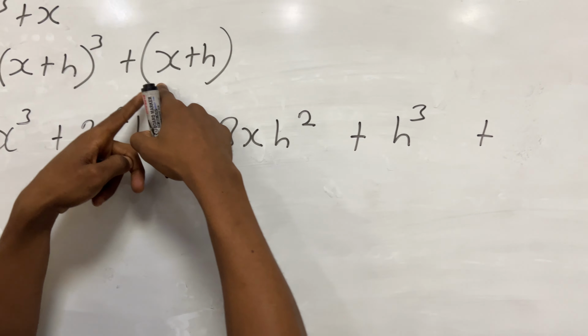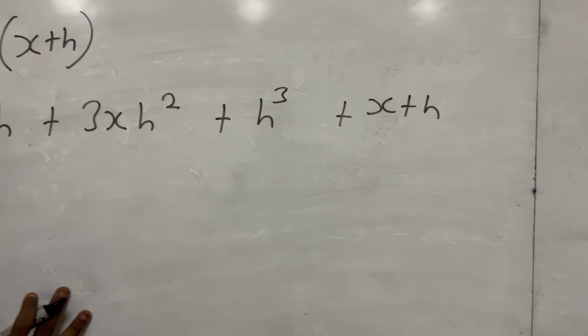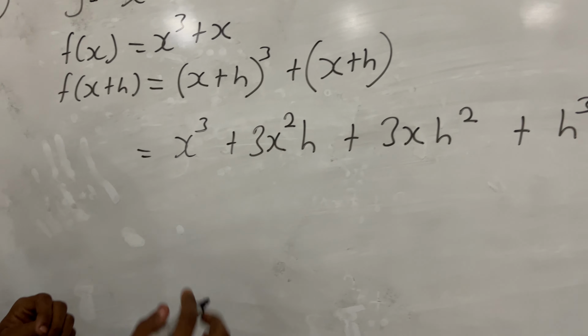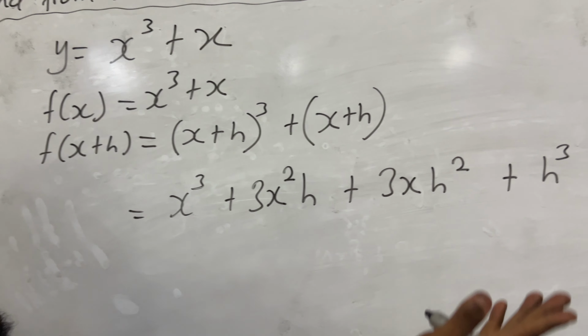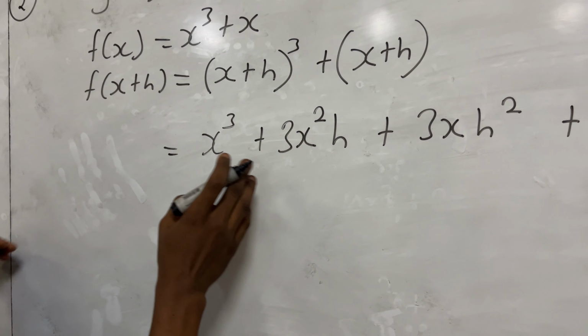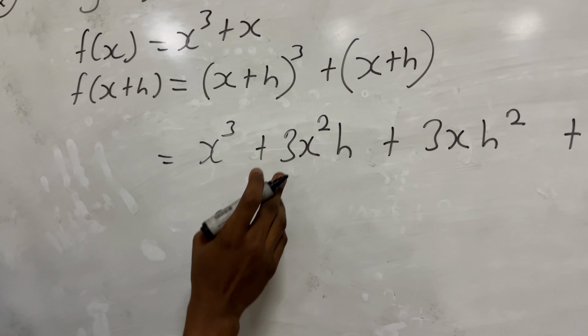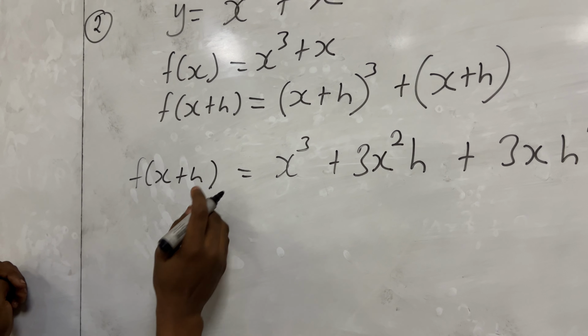Then plus x plus h this way. As I said, you can decide to simplify this bit by bit, and you will get this answer. So I have this, right? So this is my f of (x plus h).